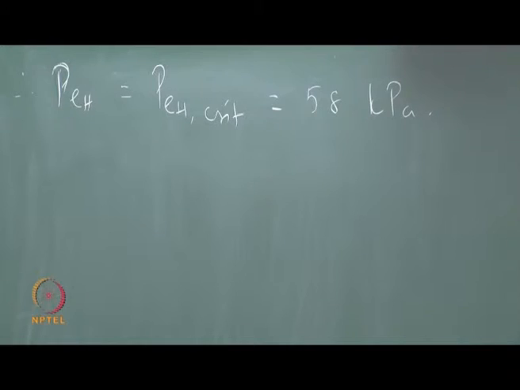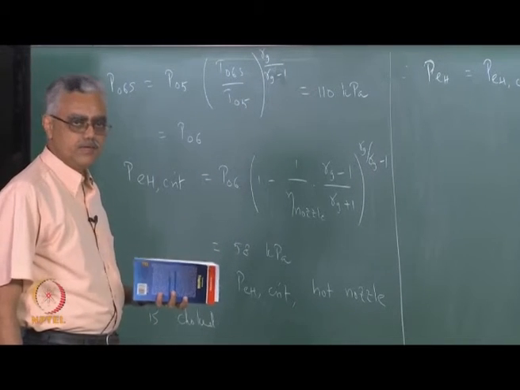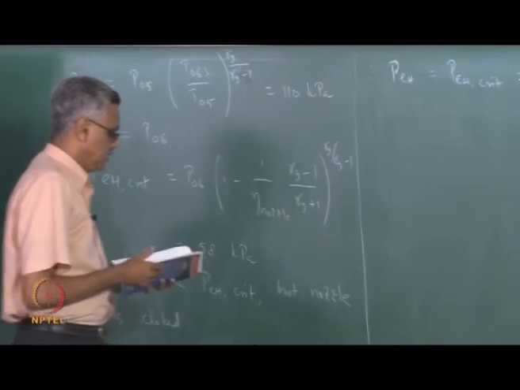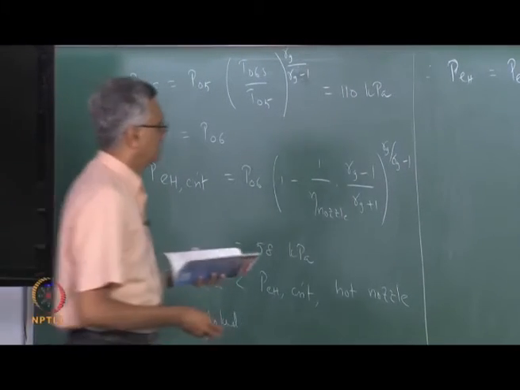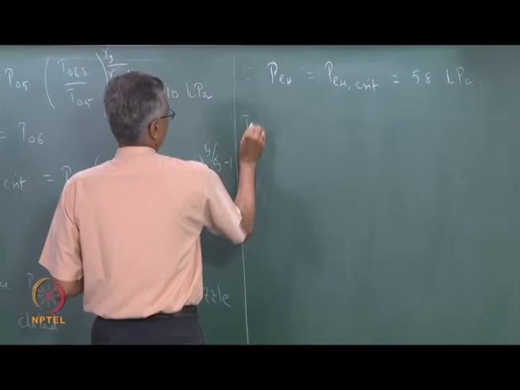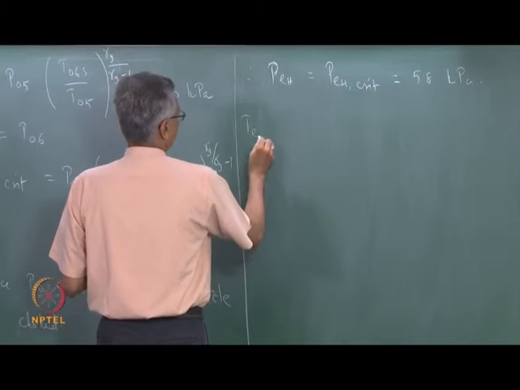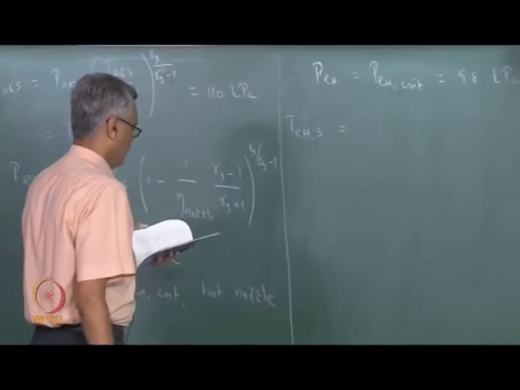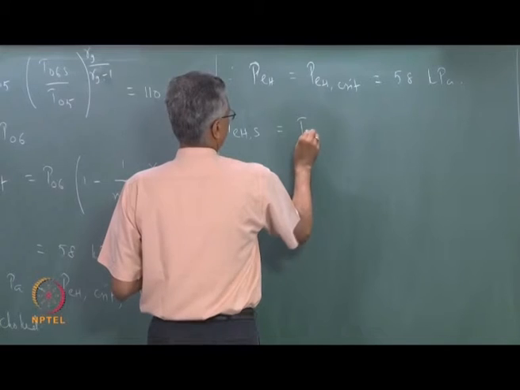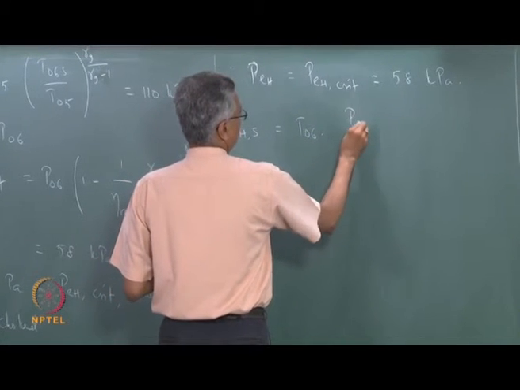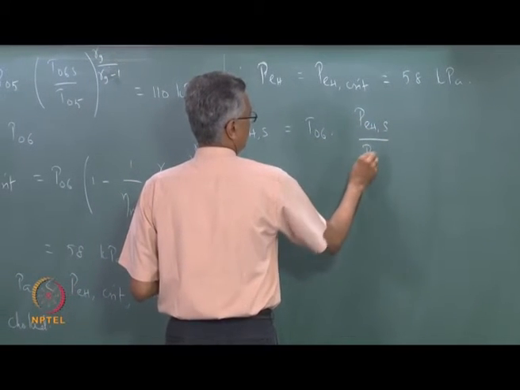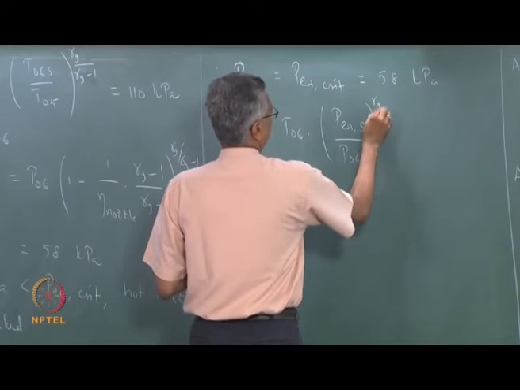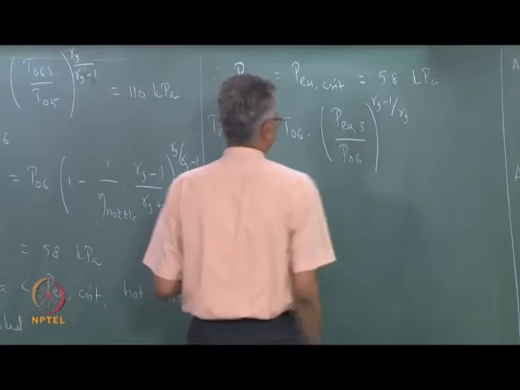So I have the static pressure. Now I have to calculate the static temperature. So what I do is I calculate TEHS. So TEH for the isentropic process is going to be T06 times PEH isentropic process divided by P06 raised to the power gamma g minus 1 over gamma g.